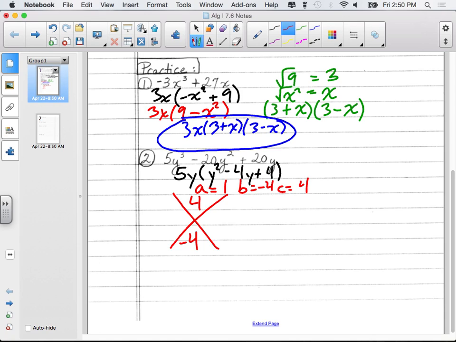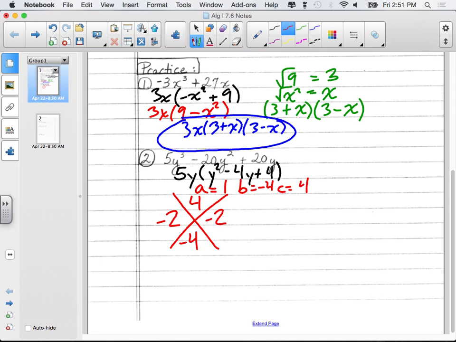Mara, -2 and -2. Alright, so when A is 1, after we find our diamond method, our 2 new factors are going to start with the square root of our first term.